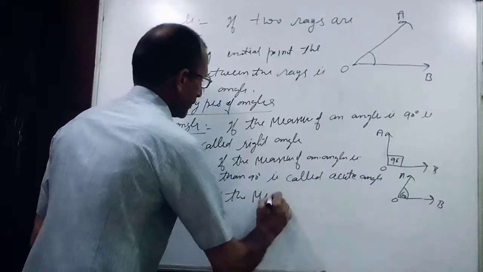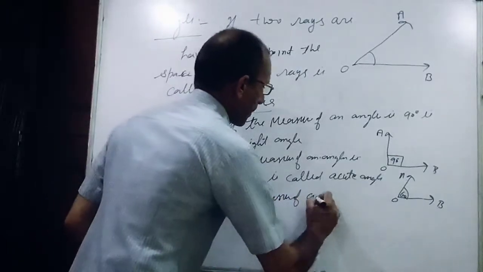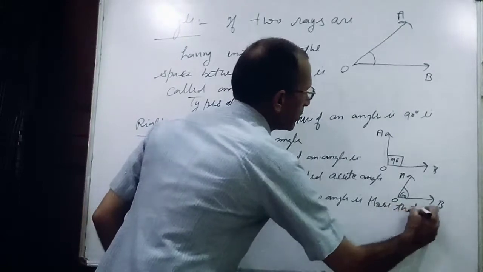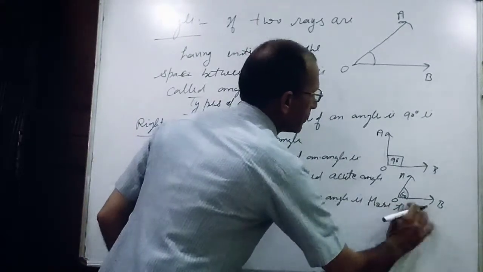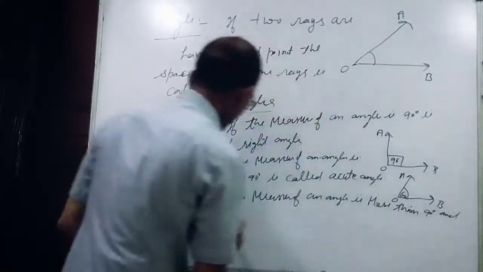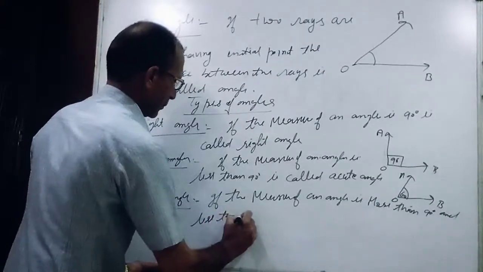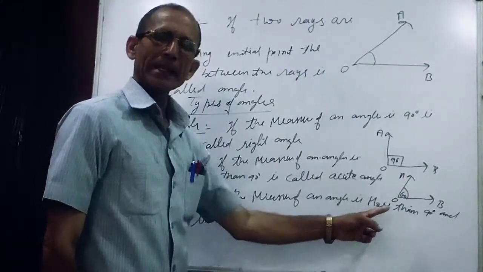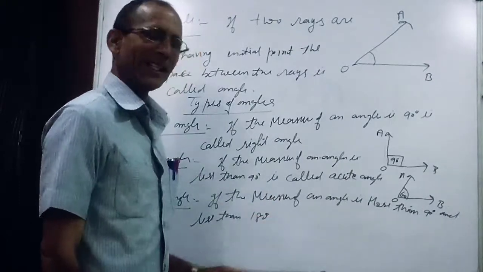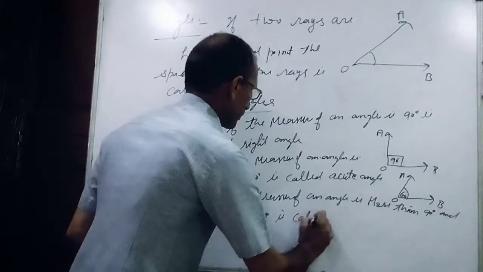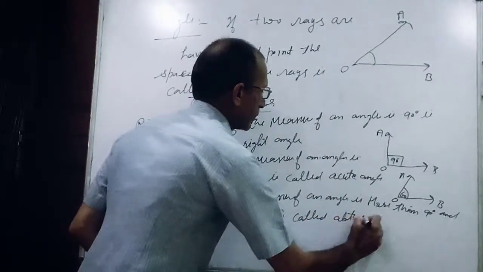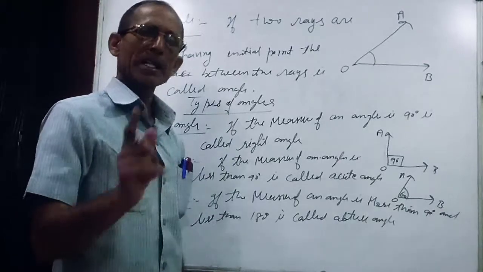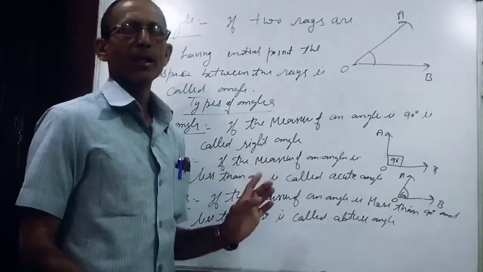If the measure of an angle is more than 90 degrees and less than 180 degrees, it is called an obtuse angle. Clear?